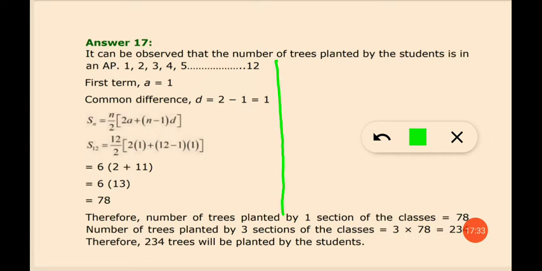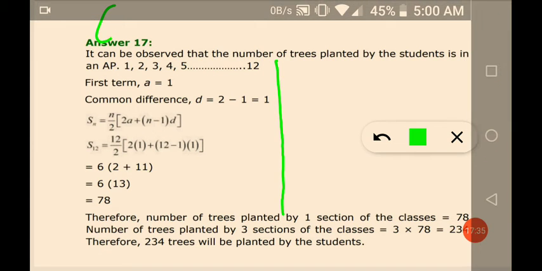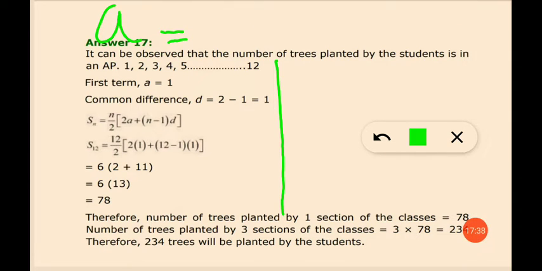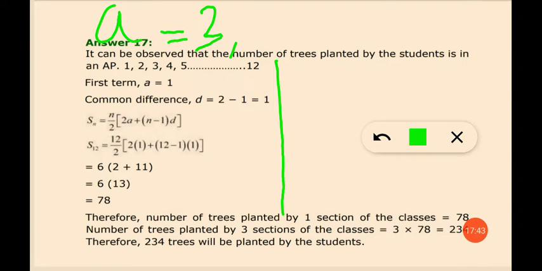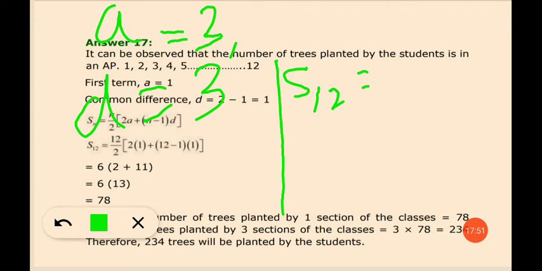So if we solve Sn, we observe that a is equal to 3 and our d is also 3, and we have to find S12. So what will be S12? 12 by 2, that is 6, into 2 times 3, 6, plus n minus 1, so 12 minus 1, 11, and 11 multiplied by d, 33.